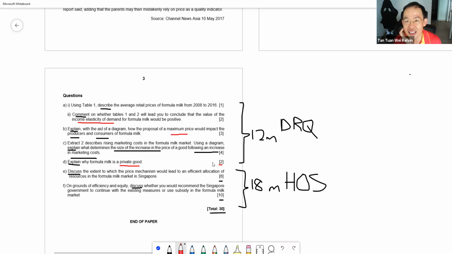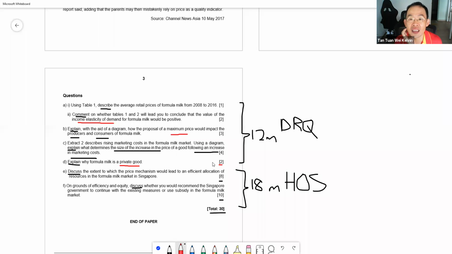Okay, it's not enough to just state that formula milk is either rival or excludable. You've got to explain what it means. Typically, from my experience, students find it easier to explain excludability rather than rivalry.